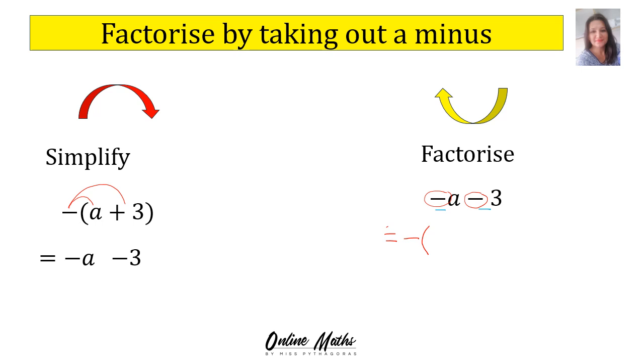A minus divided by a minus is plus, this is an invisible plus a, and a minus divided by a minus is plus 3. So this one, let me just rewrite it. In fact, when we factorize, it will be negative (a plus 3).